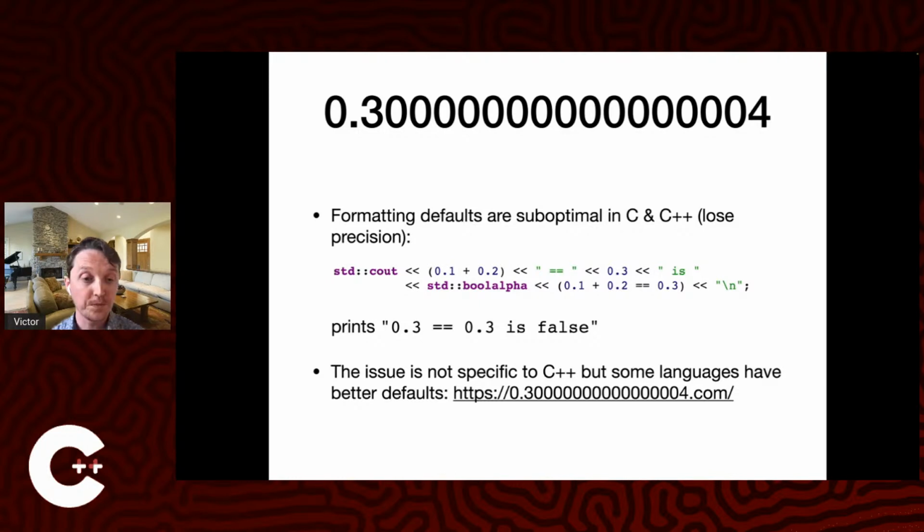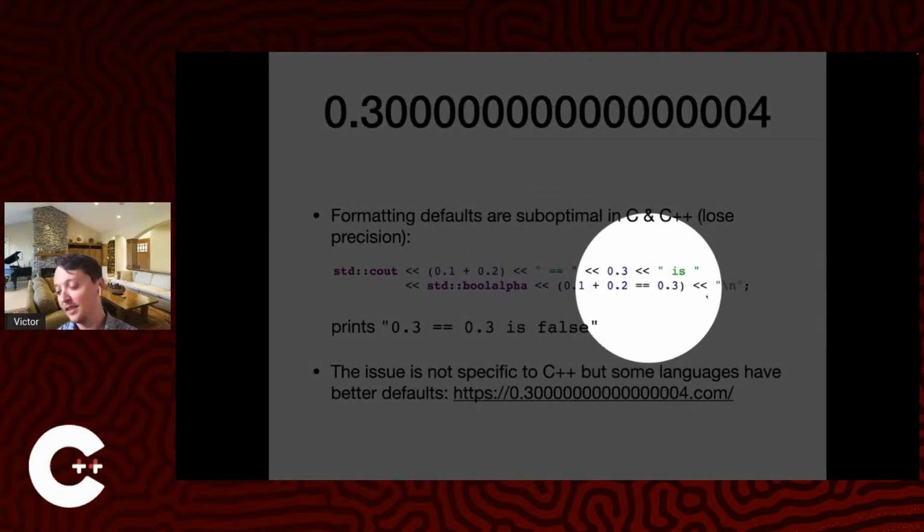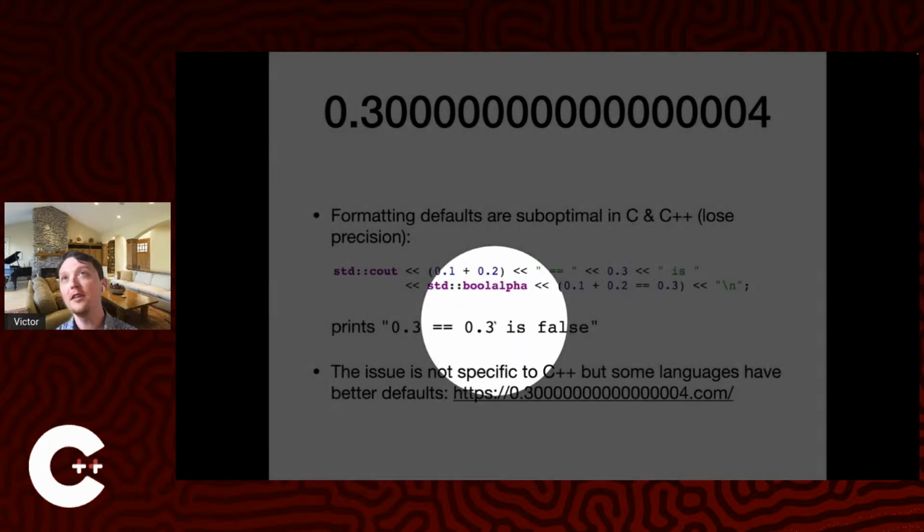As you probably know, if you worked with floating points, the formatting defaults are suboptimal, to put it mildly, in C and C++, so they lose precision. Here's a little example. If we try to write what is 0.1 plus 0.2, and separately what is 0.3, and then compare these things, you get completely nonsensical outputs, like 0.3 equals 0.3 is false.